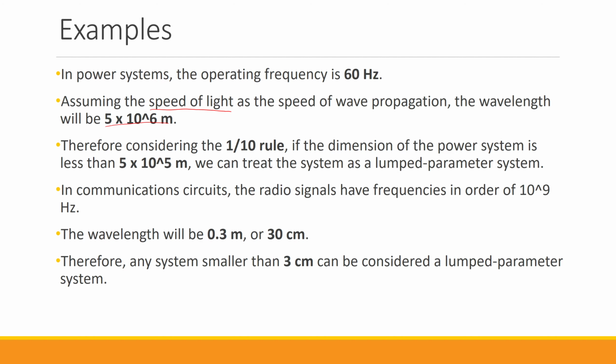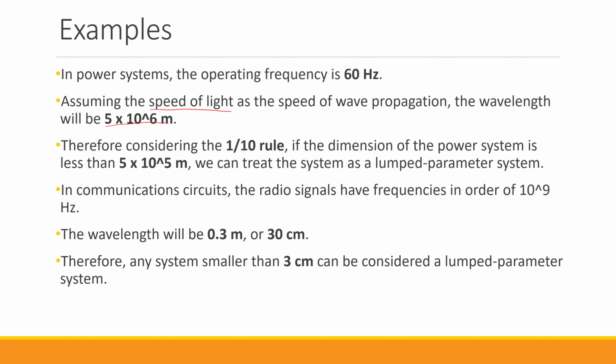Because of that, if we have a system that is at most 10 times smaller than this, or its size is 500,000 meters, we can treat that system as a lumped parameter system.